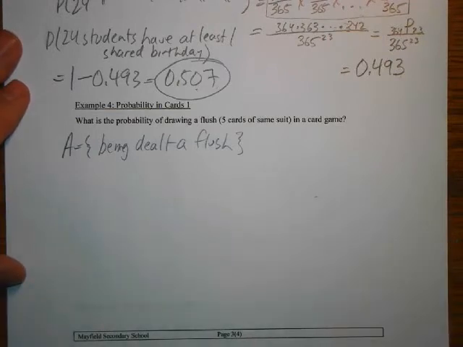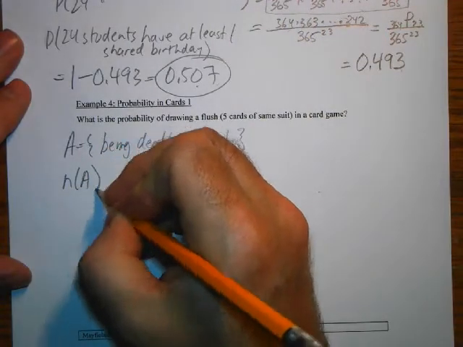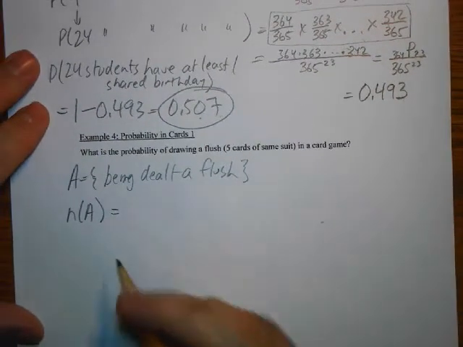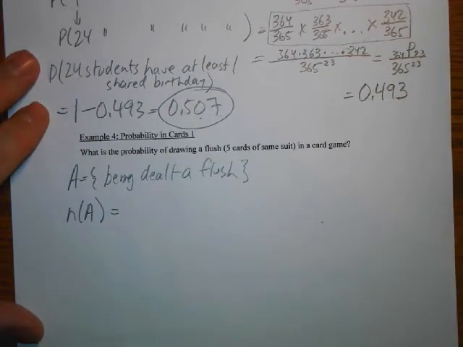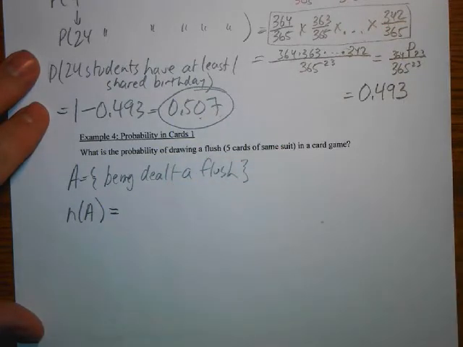So I'm going to count the number of ways you can be dealt a flush. So that's NA. How many times can you get a flush? So this is counting techniques, which we learned in Unit 1. So the first thing we have to do is, at least for this type of hand, I could get a flush in any of the 4 suits.